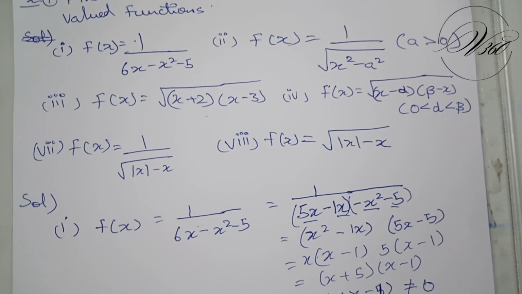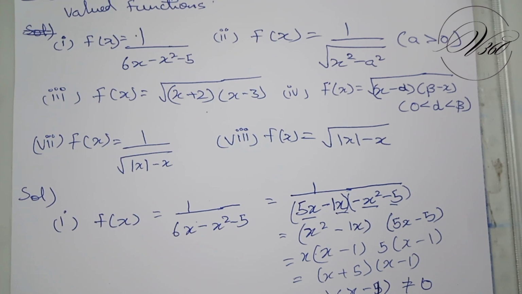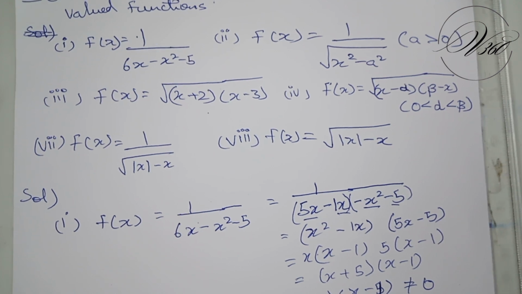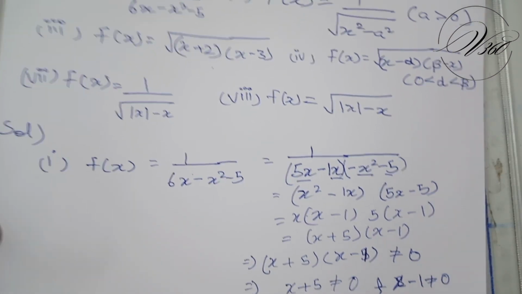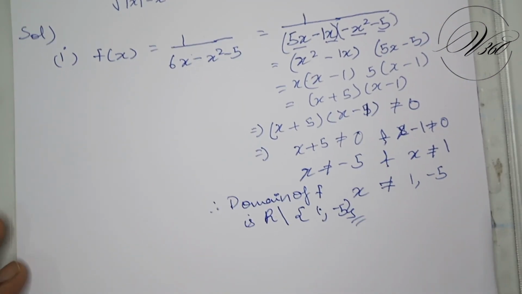Now we will go to the second bit, that is f of x is equals to 1 by under root x square minus a square, and there is a note that a is greater than 0. Okay, now we are going to do the second bit.